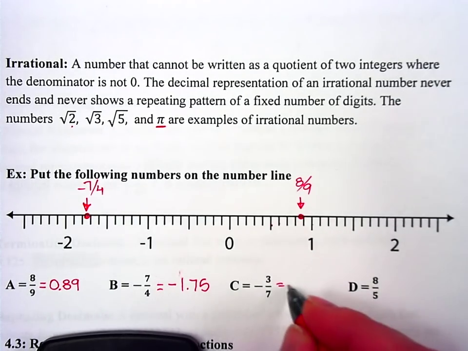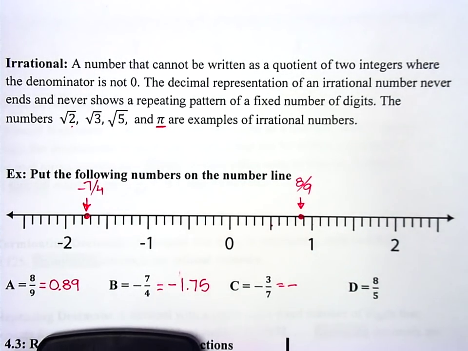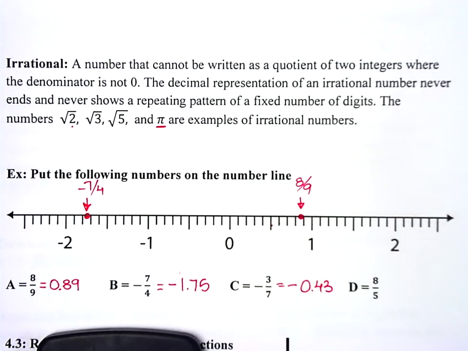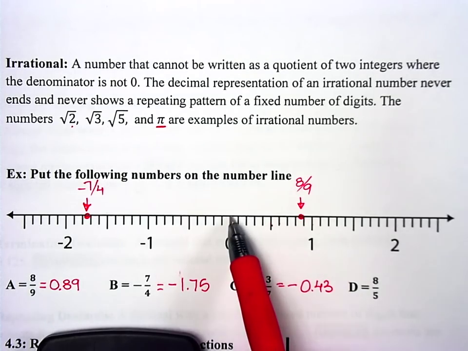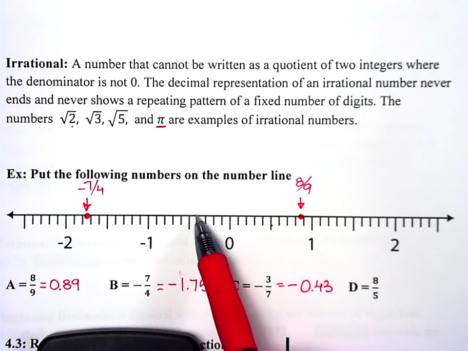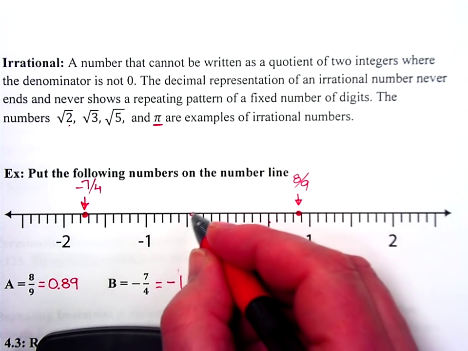-3/7 would be negative, and then 3 divided by 7 is 0.428. I can put 0.43 to round it. That would be from 0 in the negative direction: 0.1, 0.2, 0.3, 0.4, and 0.43 would be somewhere here.